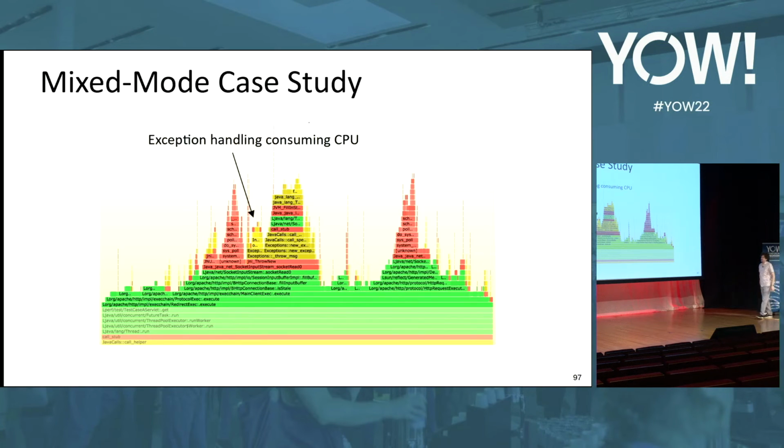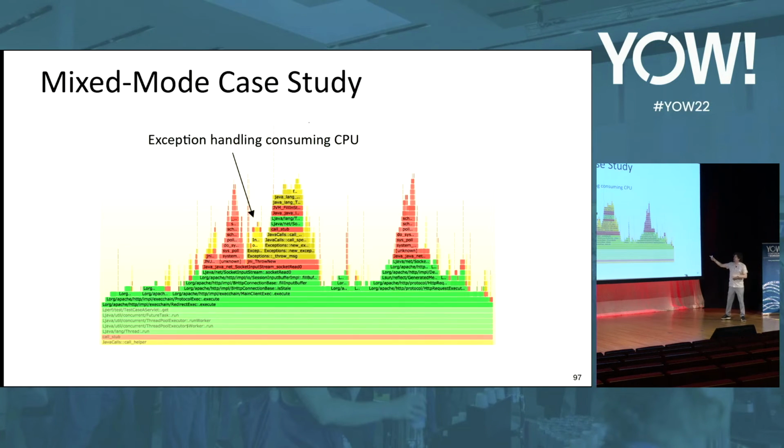Just an example of why that's useful. This is one that a developer brought to me and said, well, I've got a performance issue. I pulled up the flame graph and went, whoa, you are calling exceptions. Is there an error in the code, exception handling? And the developer had a look and went, oh, someone needed some system property, and so they just threw an exception to get it.